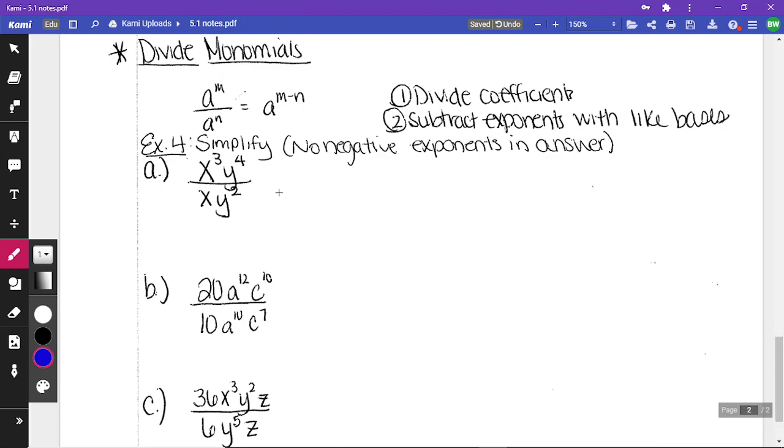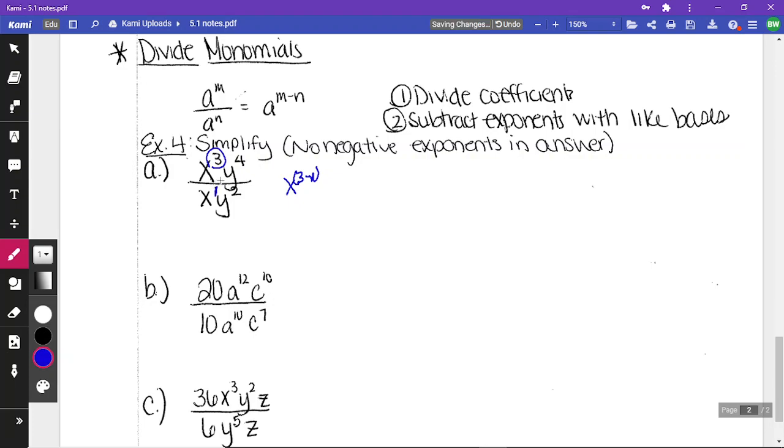First one, there are no coefficients. So we subtract exponents with like bases. So we look at x. Well, we have x, and I'll go ahead and write it x to the power of 3 minus 1. And that's because in the numerator we have the 3 as the exponent.